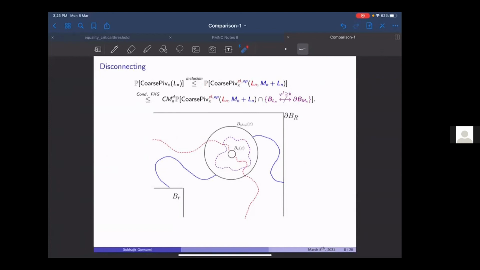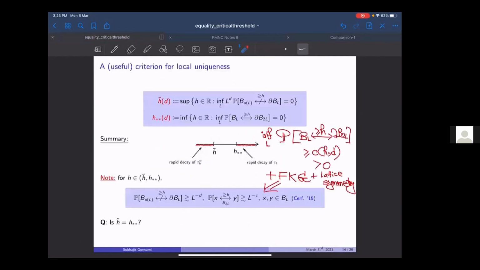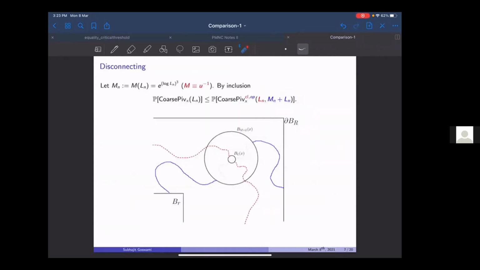I can do that in the following manner. I have a very good polynomial lower bound for this event. This capital M is basically, I think I told you, the inverse function of U. Remember that I defined U of L to be e to the power log L to the 1 over 3. So it's just basically U inverse.